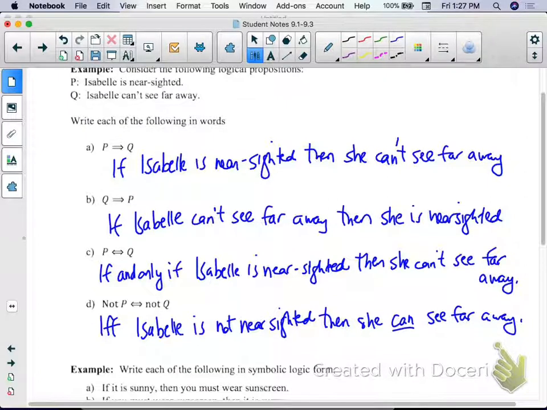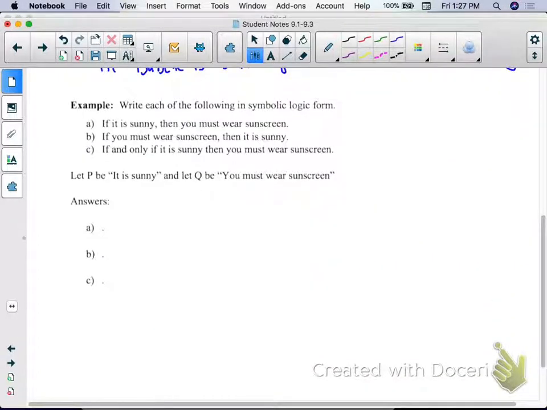All right. So the last part, we're going to just go the other direction, and we're going to do symbols. So let's say that P is going to be it is sunny, and then Q is going to be you must wear sunscreen. So for part A here, we want to do if it is sunny, then you must wear sunscreen. Okay, so sunny, that's my P part.